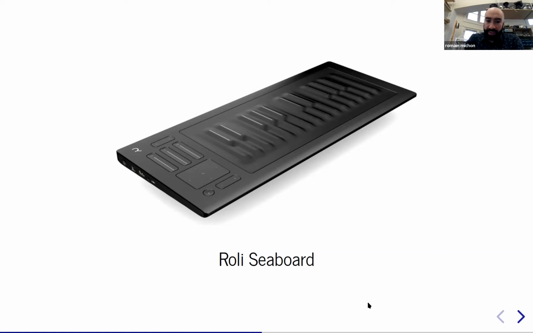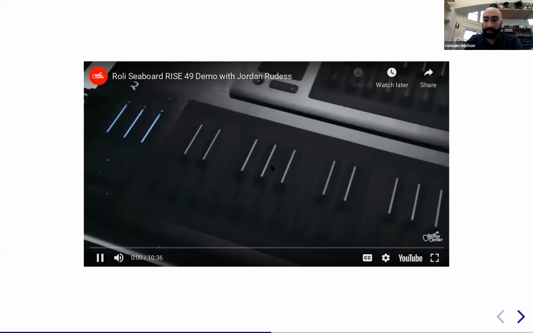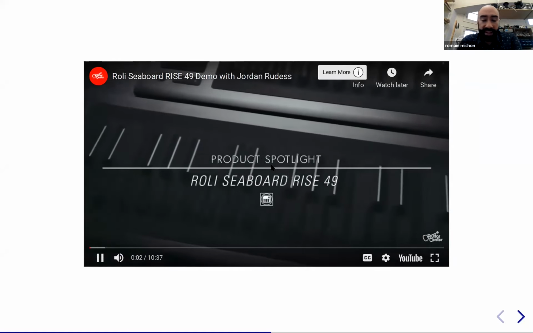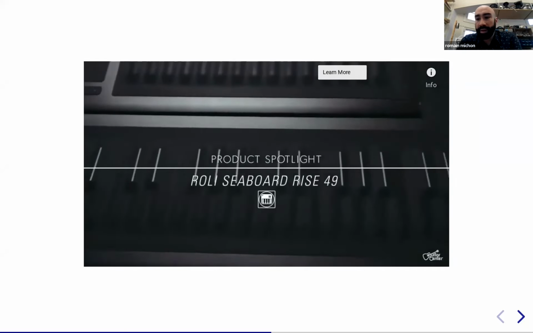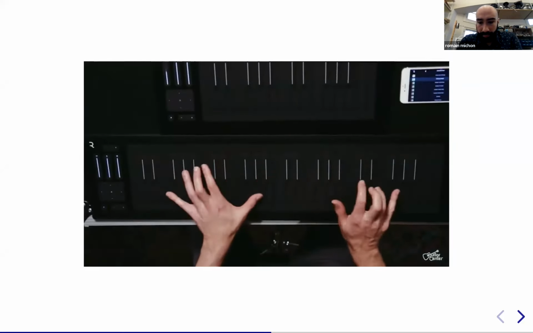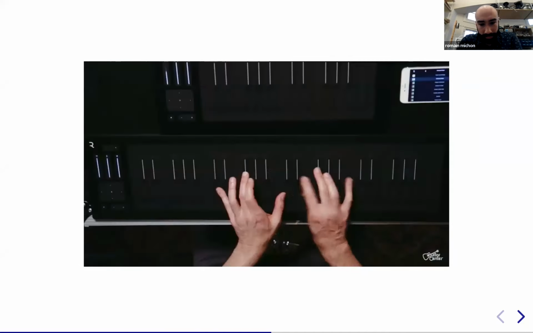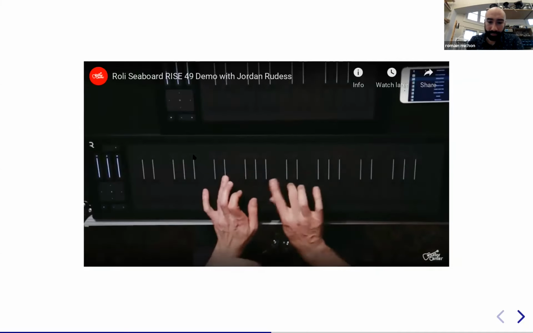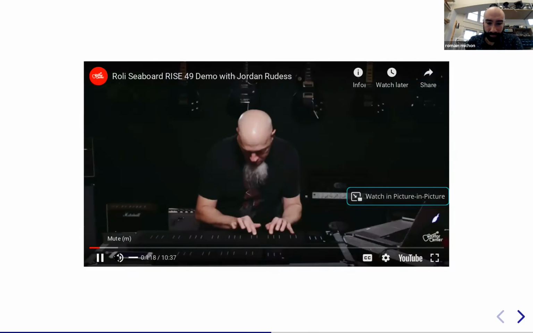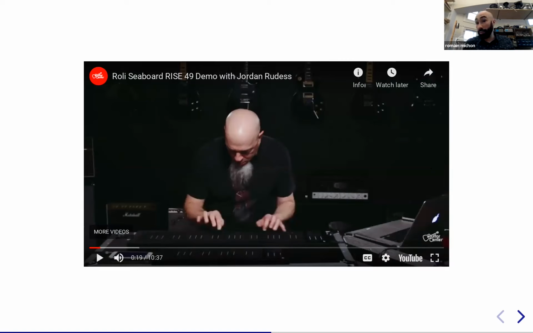So the C-board is this. Okay, I'm going to play the video just so that you get an idea. Anyway, so basically what the C-board does is that it's a keyboard, just like a piano keyboard, right?